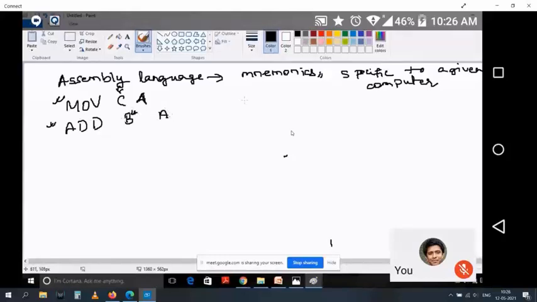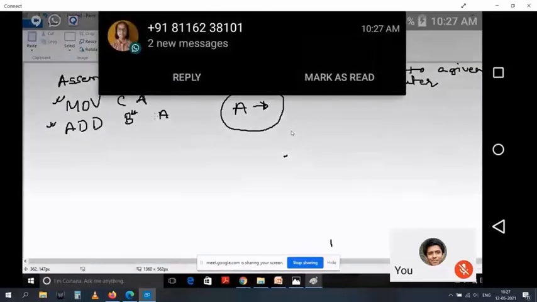If you remember, this accumulator A, whatever mathematical or logical operation we are doing, A is one of the operands. And the result is also stored in the accumulator. So ADD B. Though only one register is specified here, the implicit one is the accumulator, because whatever addition has to take place, it has to be from the register to the accumulator, or from the memory to the accumulator.